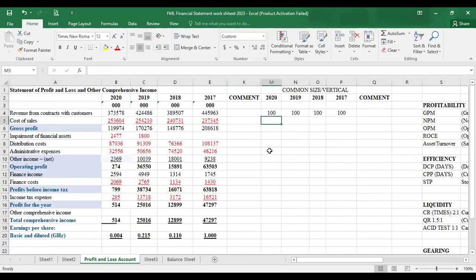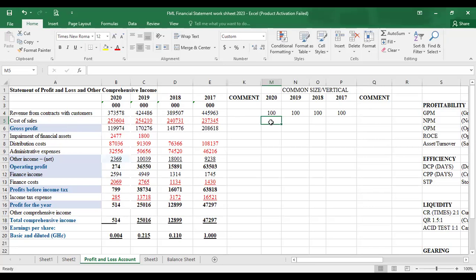So let's go back to the income statement, and then you are going to help me with the figures to be using for the other years as we go on. So let's start with 2020. We want to do vertical analysis from cost of sales. So please, which figures am I using for 2020?